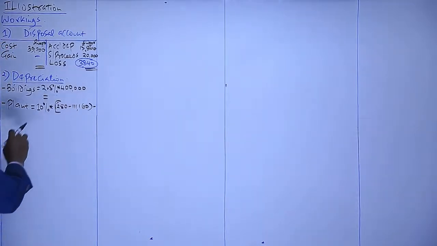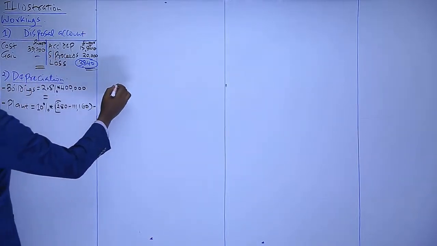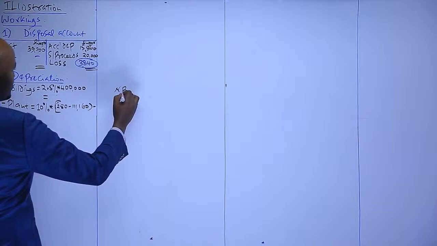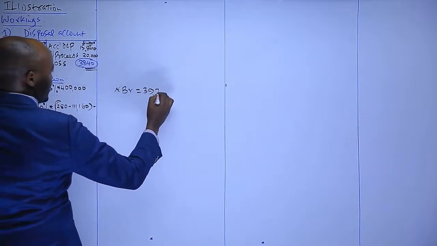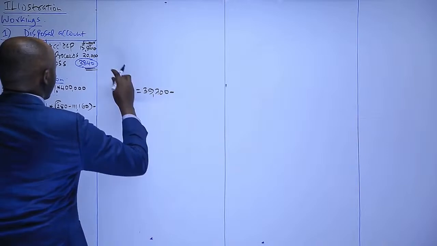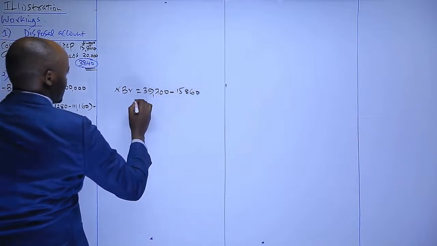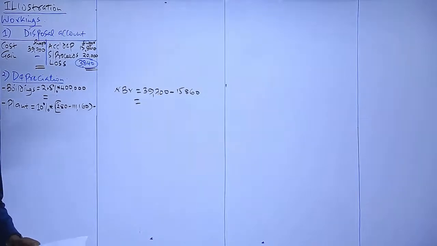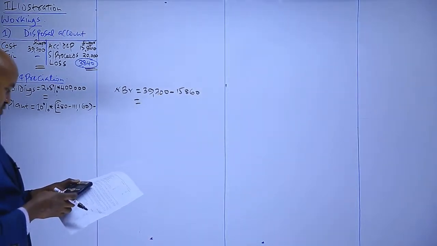So what will be the net book value of that plant? The net book value of this plant which was disposed will be equal to its cost, which we have here, 39,700 minus the accumulated depreciation, which is 15,860. That will give us the net book value of this particular plant which was sold during the current year.